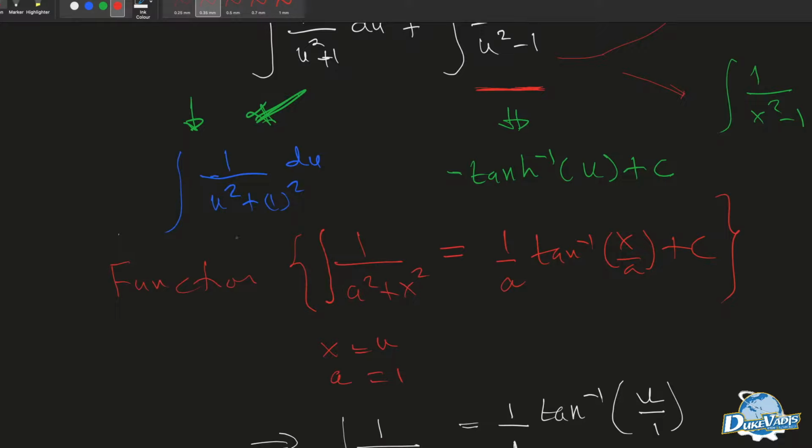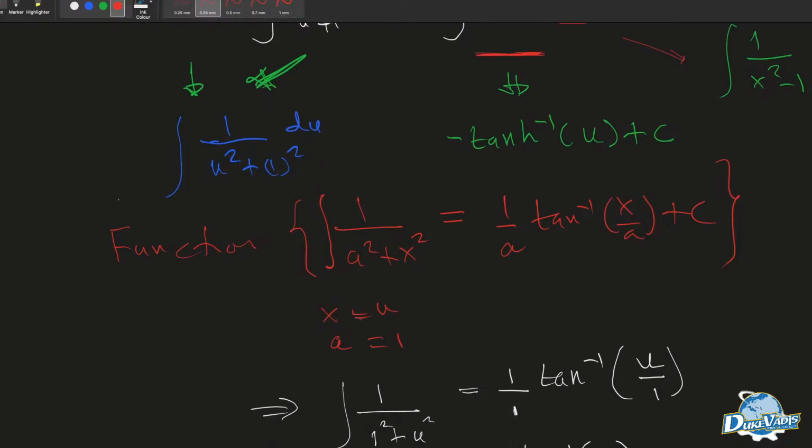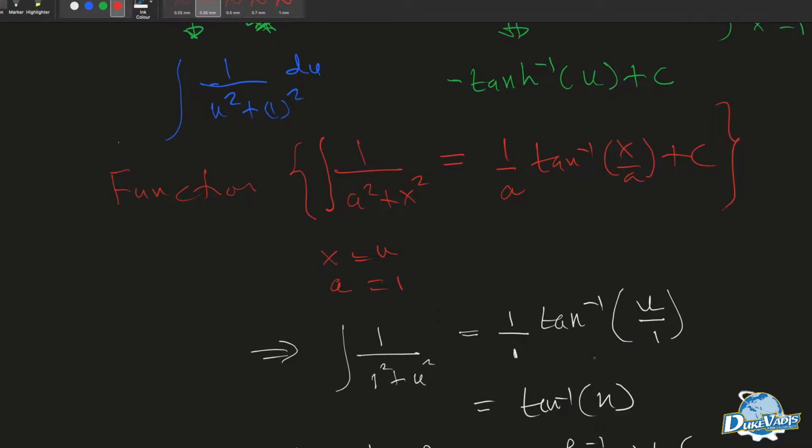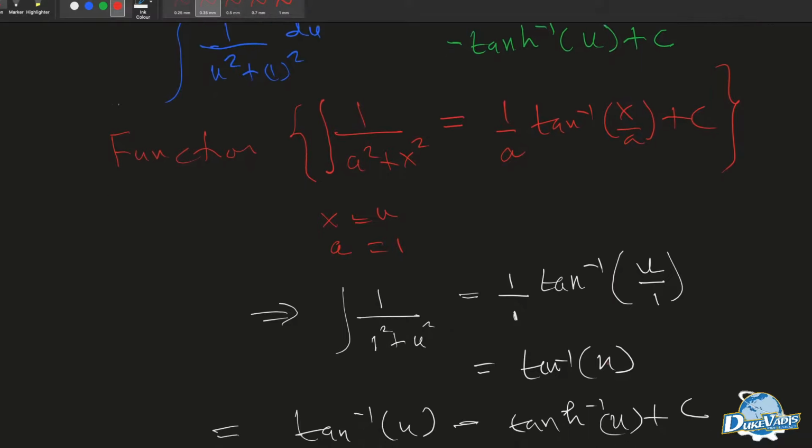So over here you see we made u squared and 1 squared, which is similar to this integration. So when we substituted it back to this formula, we had 1 squared plus u squared, and our answer became 1 over 1 tan inverse of u. Well, we know u is x, and our a is 1. And when we simplify, well, that's what we had.